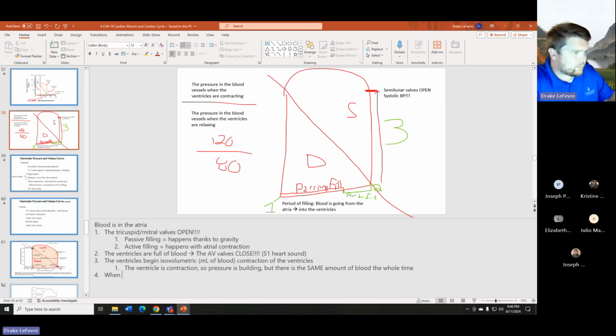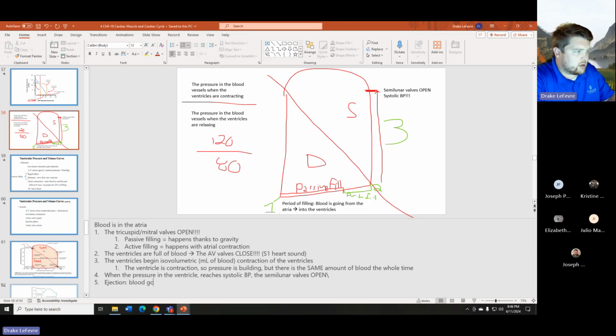Good. So when the pressure in the ventricle reaches systolic blood pressure, the semilunar valves open. At 5, we have ejection.